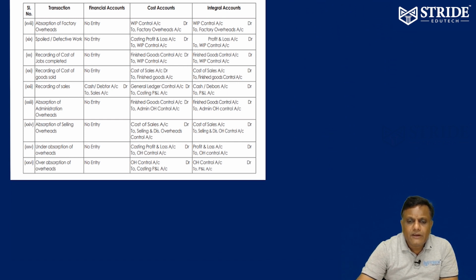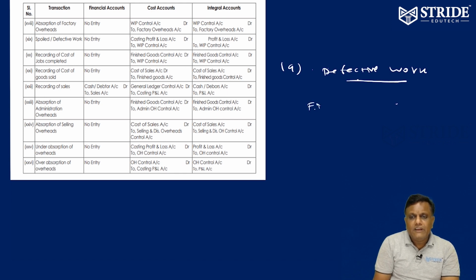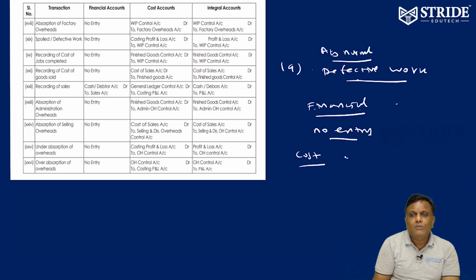Number 19, defective work. Whenever there is defective work or spoilage, in financial, there is no entry. But in cost, if it is purely defective, it is a norm, if it is abnormal, therefore, it should be transferred to the costing P&L account debit side, costing profit and loss account debit side.